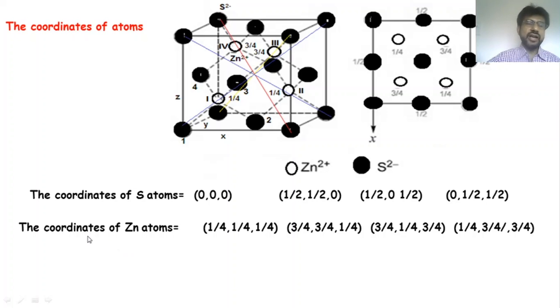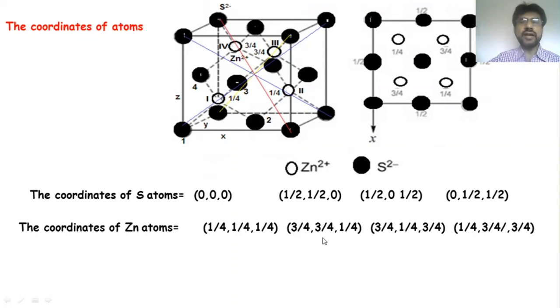Now similarly, we can write the coordinates of the Zn atoms. Suppose this is the first zinc atom, which is along the body diagonal at a distance of 1/4 of the unit cell. Its coordinates are 1/4, 1/4, 1/4.